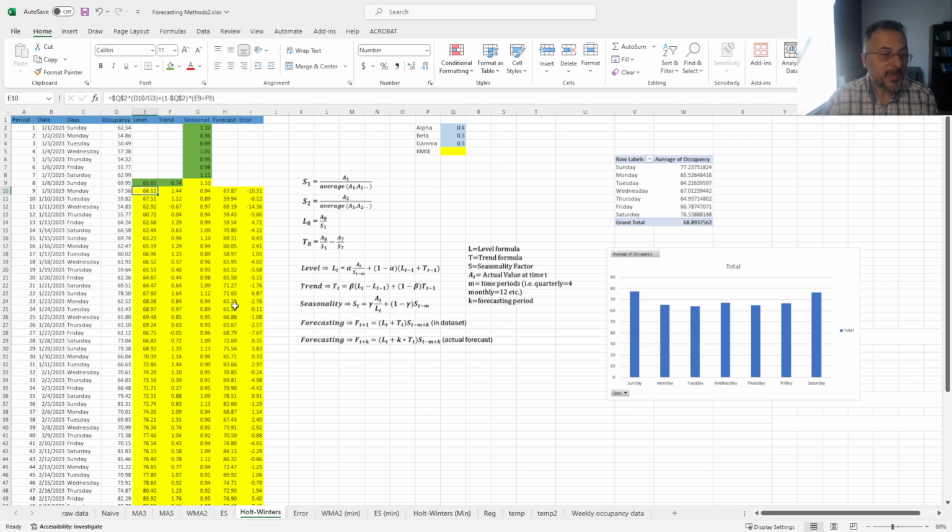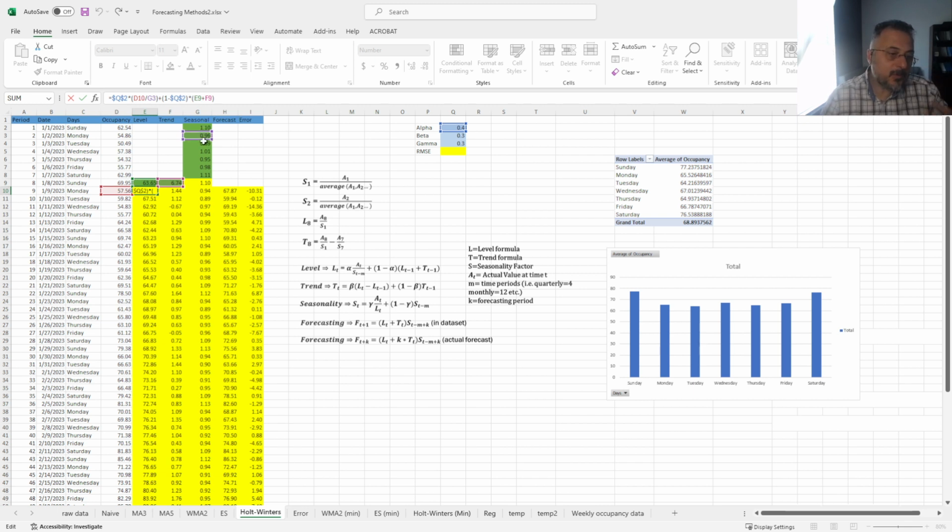In the level, if you look at here, we use alpha. Click here, alpha value times actual T divided by what? Once again, S T minus M. So basically we are looking at Monday's seasonal from last week's Monday.